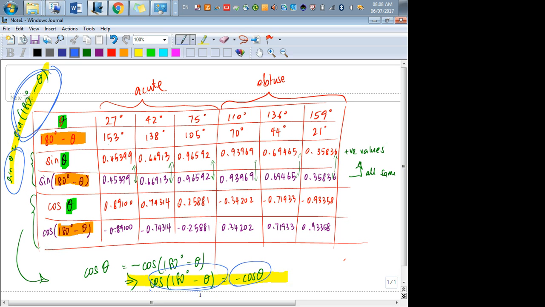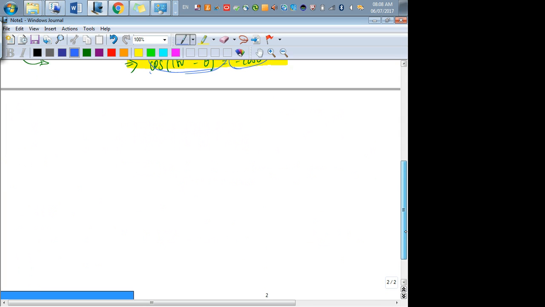Alright. Now, let us go on to example number 2 of your textbook. We are asked to express as a trigonometric ratio of acute angles and find their values. Okay, so first one we have sine 149 degrees.